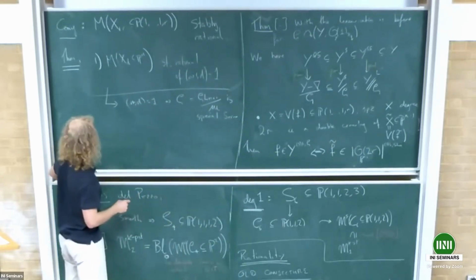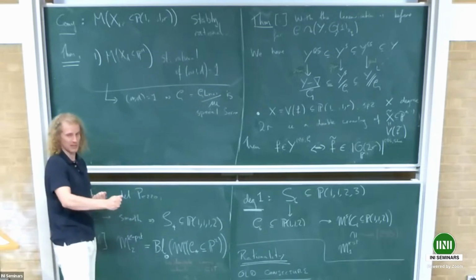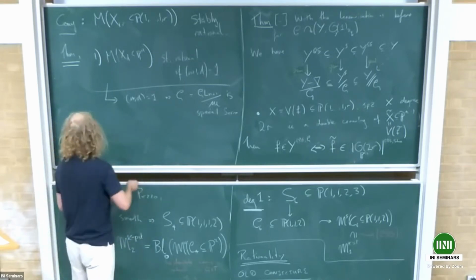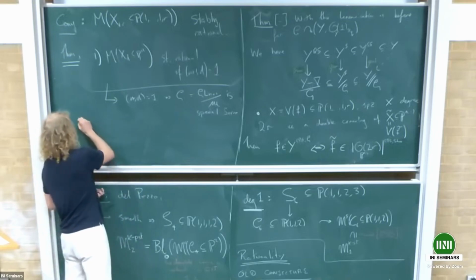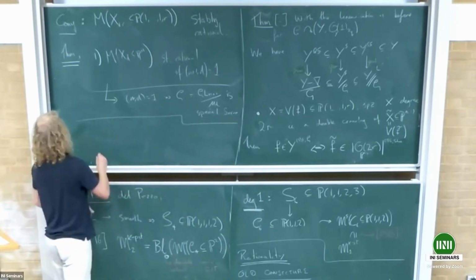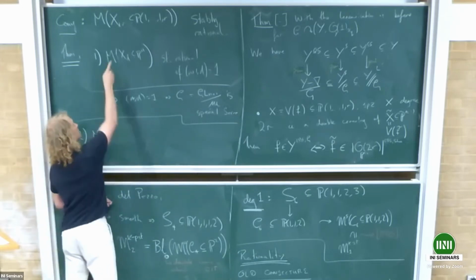And so on the locus where you have truly trivial stabilizers, where you have a principal bundle, you get a trivialization in the Zariski topology, from which it follows.